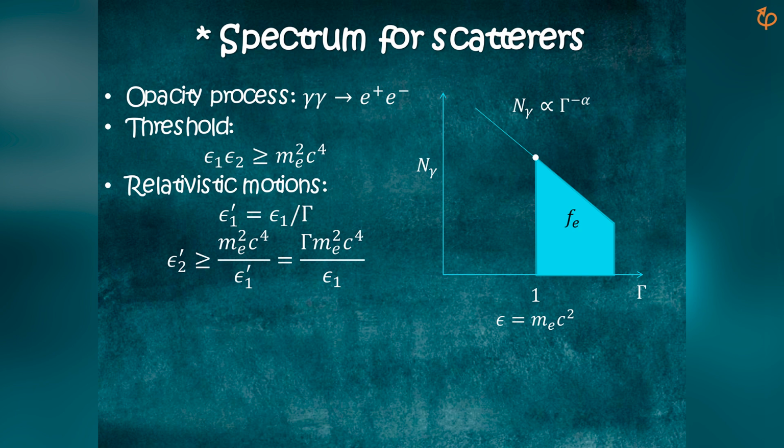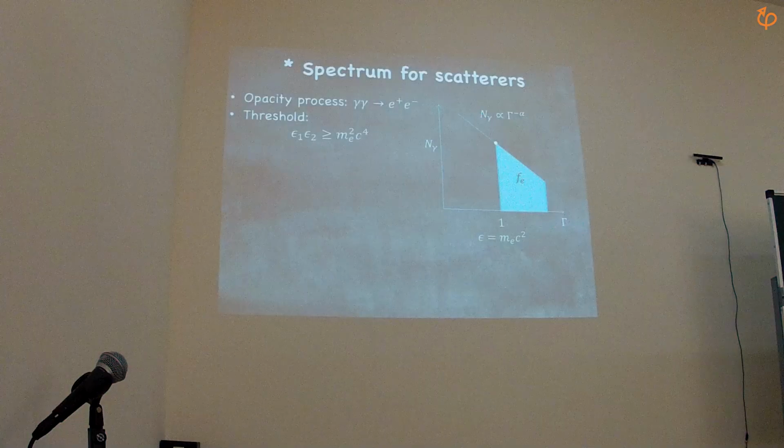So if I have a photon that has an energy of exactly me c squared, the fraction of photons that can create pairs with this one lies here. Only photons with energy of me c squared or larger can create pairs with it because of this condition. I need this to be larger than or equal to me squared c to the power of 4.